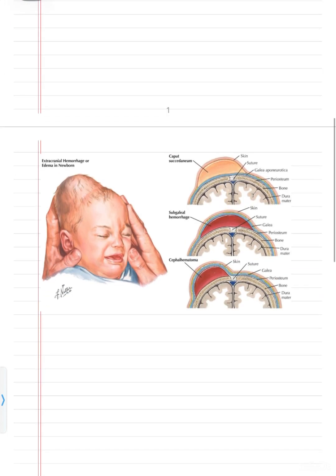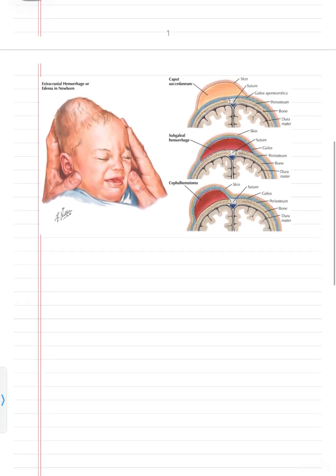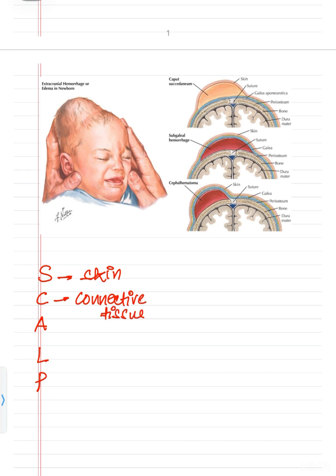So what is cephalohematoma? We must know the layers of scalp. So scalp layers are SCALP. S for skin, C for connective tissue, A for aponeurosis, and it is the aponeurosis of which muscle?